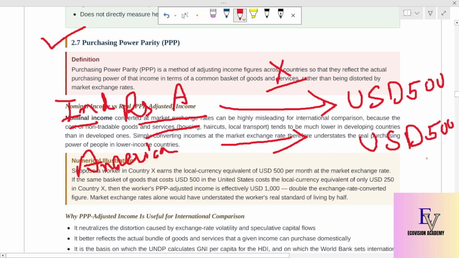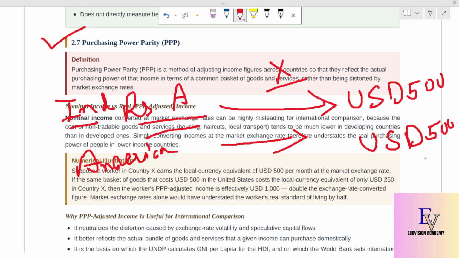Fine, no issues. Now I want to purchase a basket of goods that may include many things: some chocolates, some chips, some cold drinks, some groceries, some t-shirts, some jeans. There are many things which are necessary things. When I purchase that particular basket of goods, I have to spend USD 500.